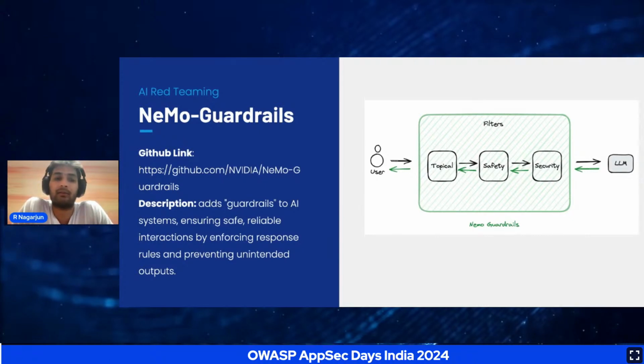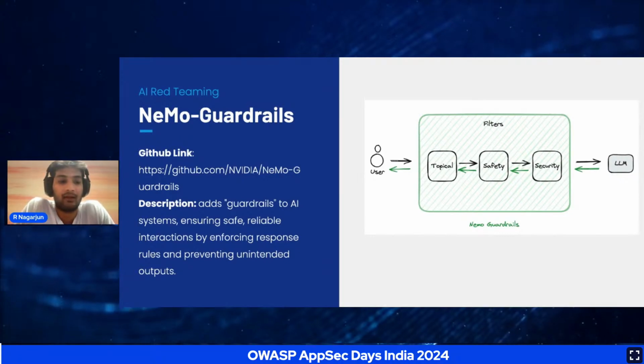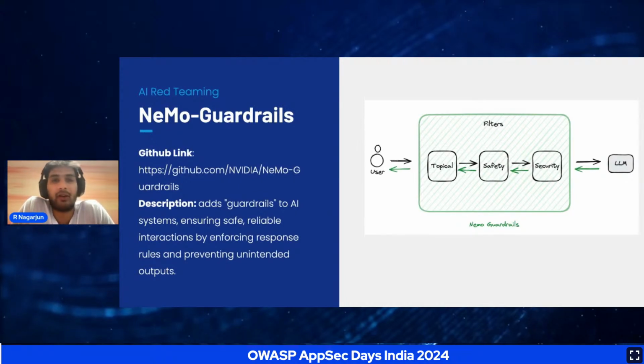Topical means a model should strictly focus on its use case. It should not go away from its ideal behavior. For example, if you have a banking-based chatbot, it should only respond with banking responses or prompts.